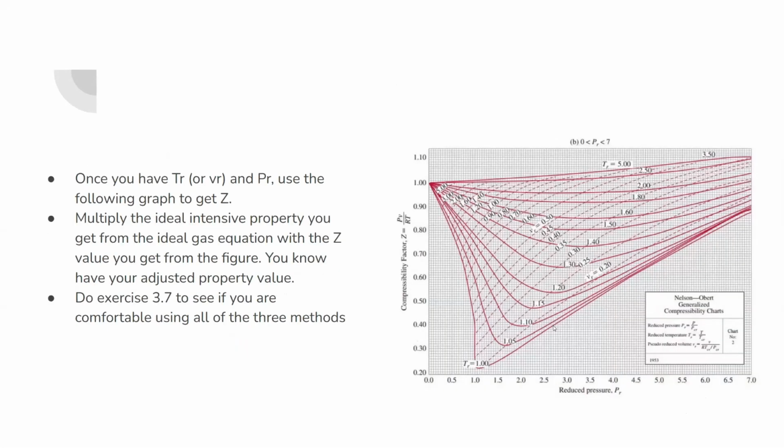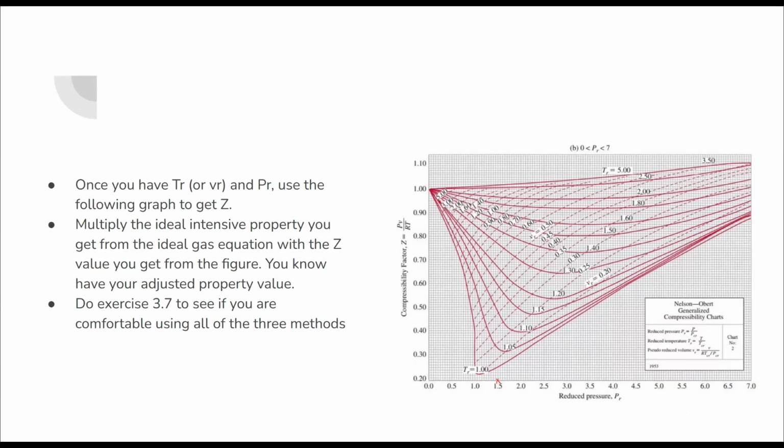Once you have those, you use this graph. So go down here, you plug in whatever reduced pressure you found. Let's take, I don't know, 1.5 right here.